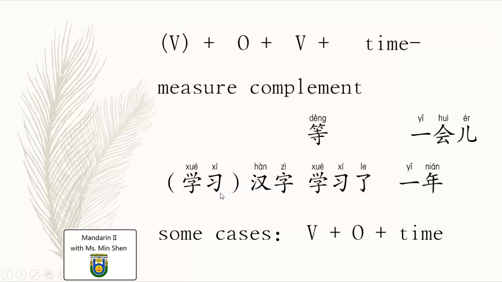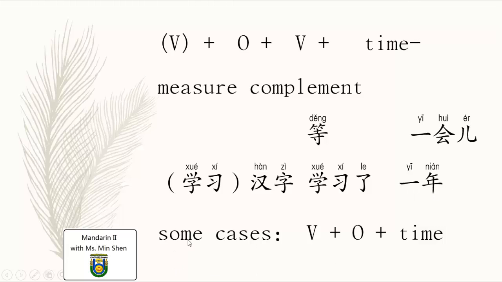And when you want to use time measure complement together with this verbal phrase, repeat the verb. 学习了一年 is the time measure complement. So when you repeat the verb here, the original verb you can omit. Then it becomes 汉字学习了一年, meaning study characters for a year.